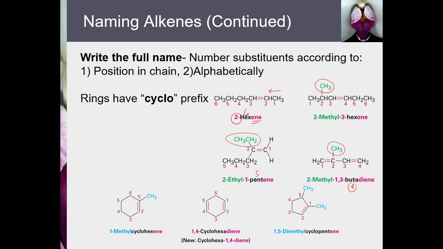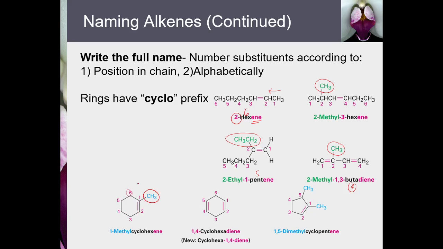Here, this one is a ring structure. If it is a ring structure and you have a substituent, how do we name it? You always include the double bond, so that's where you start. The double bond starts at carbon 1, between 1 and 2, then 3, 4, 5, 6.